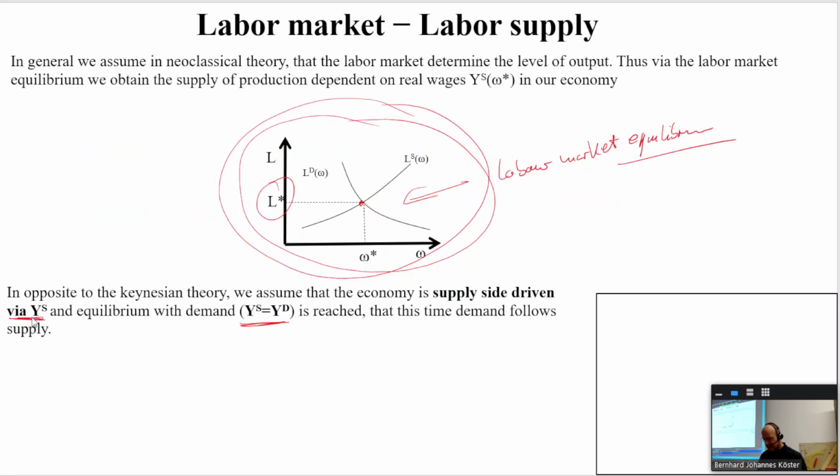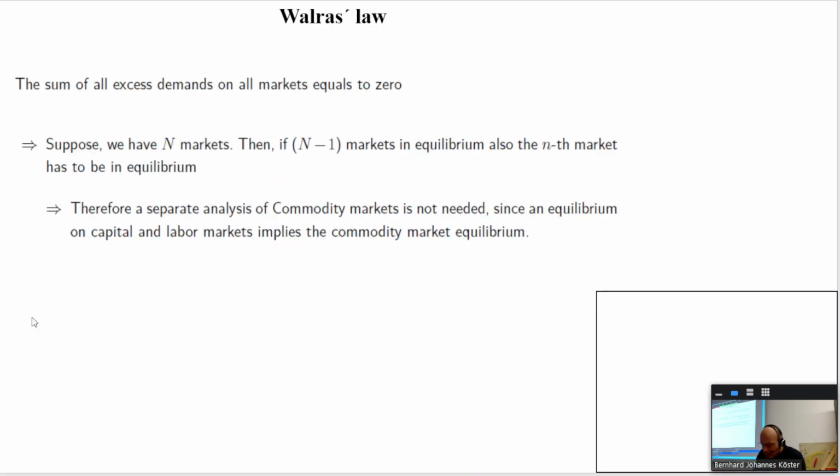Okay, and then we can also have a look at our whole economy, and within our whole economy there will be many markets. There will be capital markets, there will be labor markets, there will be the goods market, there will be the money market, and so on.